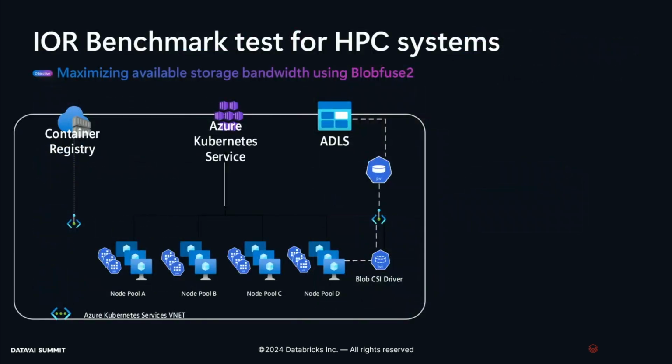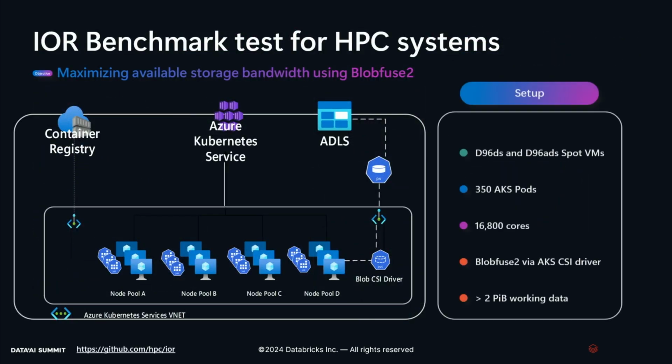on the IOR benchmark. So just to give you some context, this is actually a usual benchmark for HPC systems. This should not be a surprise. The IOR benchmark is pretty well known. But what is interesting is on the right, we use 17,000 cores. At the end of the day, what is important is we had 17,000 cores, and we essentially wanted to push the limits of our storage account.